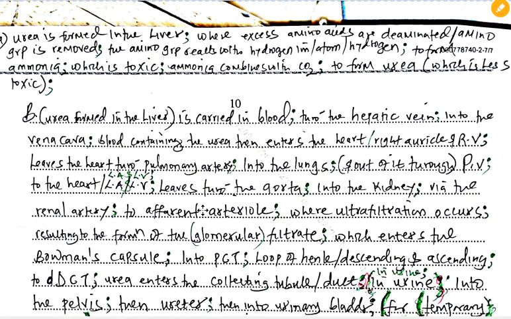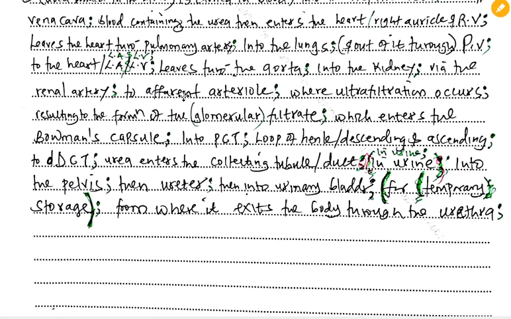to the afferent arteriole, where ultrafiltration occurs, resulting in formation of the glomerular filtrate, which enters the Bowman's capsule into the proximal convoluted tubule down to the loop of Henle, that is the descending loop of Henle, then to the U-bend, then to the ascending loop of Henle, then to the distal convoluted tubule.